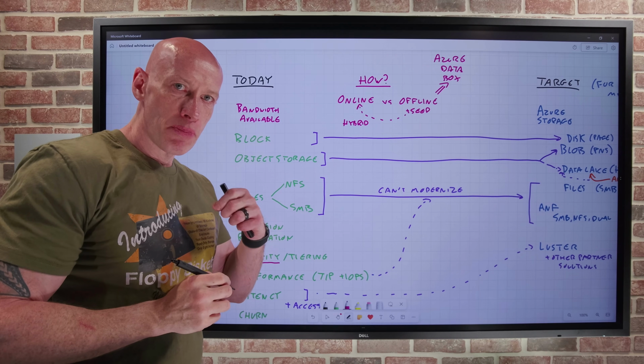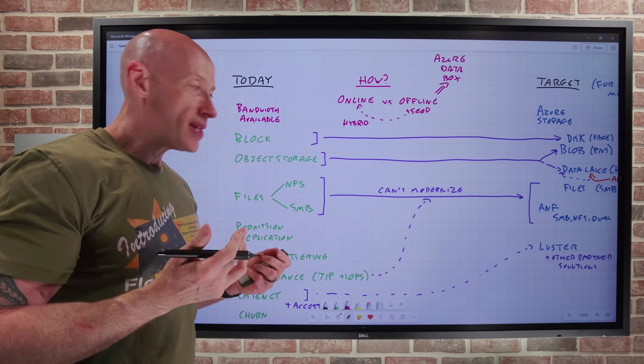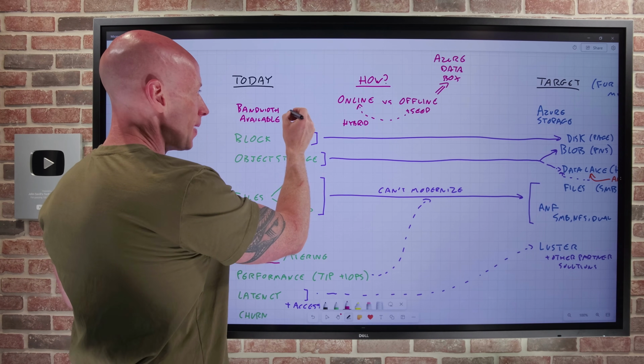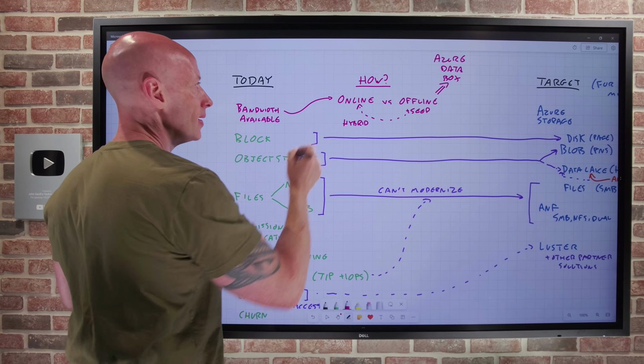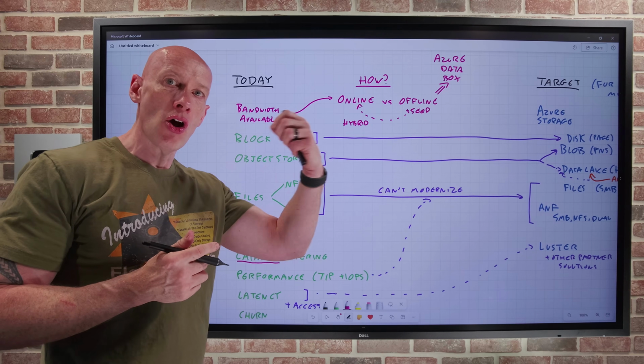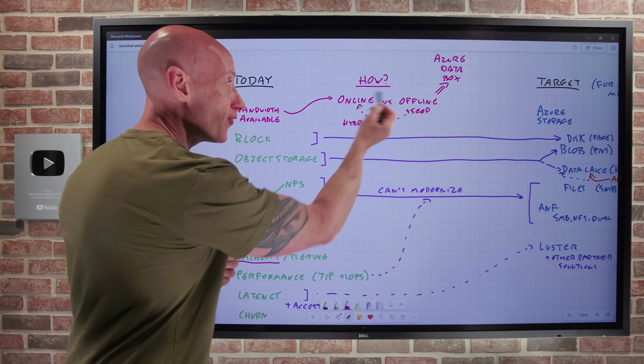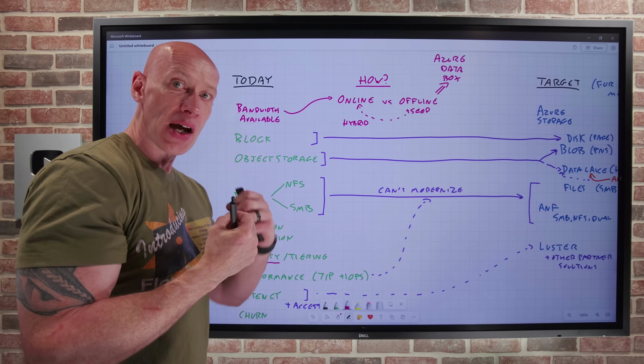Because that's going to be a huge driver to what my choice is. If I have sufficient bandwidth, hey, online is probably going to be my go-to thing. And where possible, we'd rather do it online. But if I lack the bandwidth, well, I'll have to go offline, or at least offline for the seeding of the data.